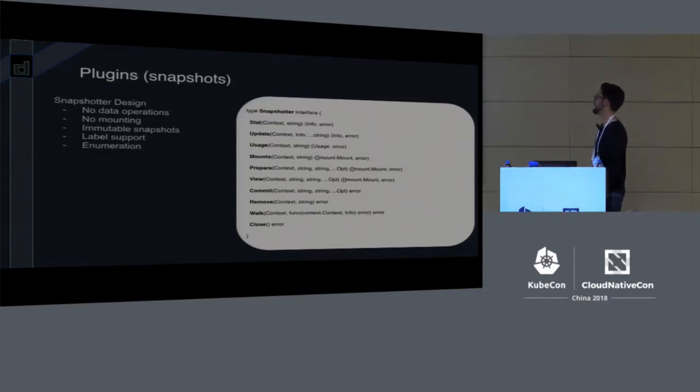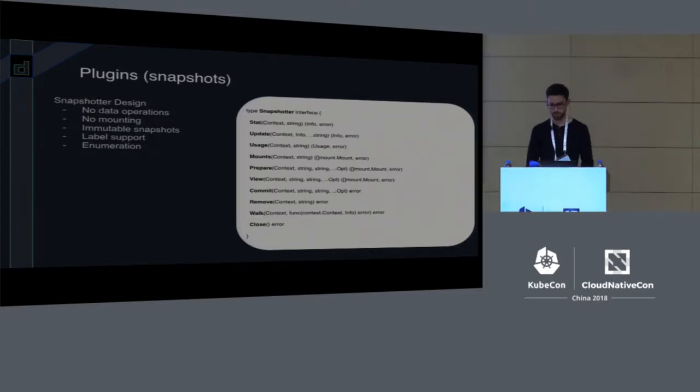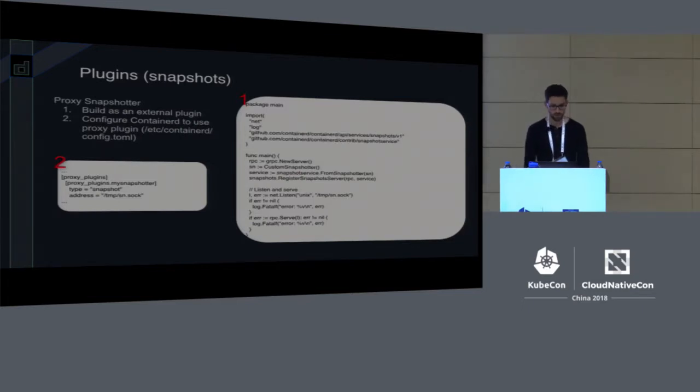We also have the ability to enumerate all the snapshots you have on disk. This is implemented through the walk functionality, so you can use walk to see all the snapshots, and CTR and tooling can make use of that. In 1.2, we added a feature called a Proxy Snapshotter.